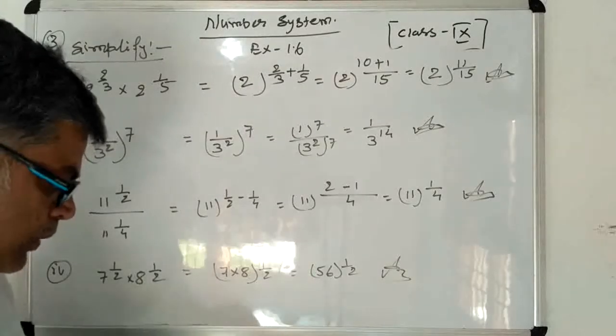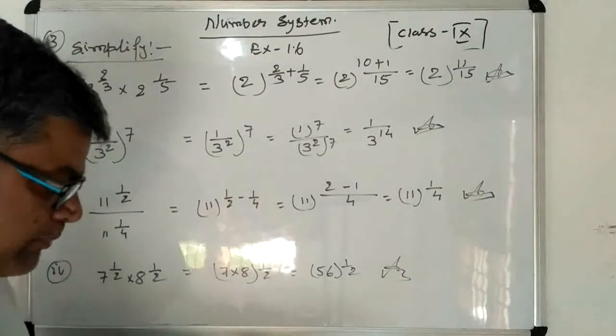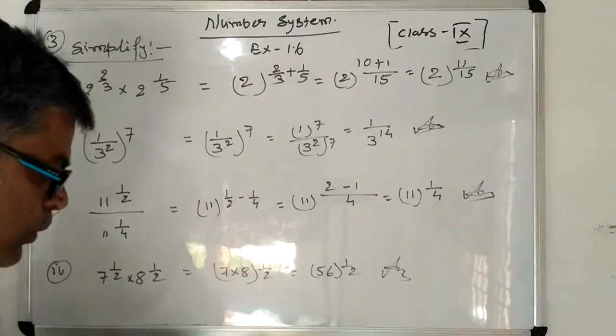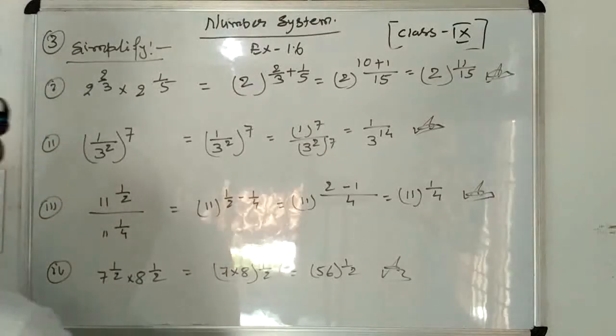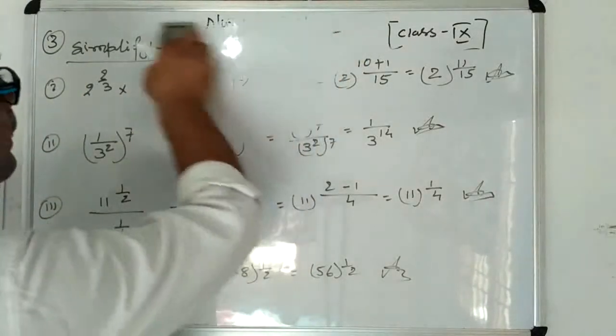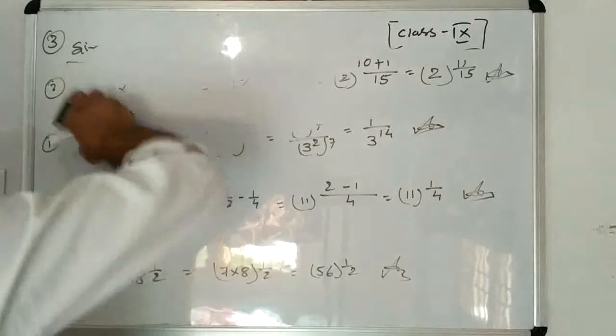Now we are on the second chapter, chapter number 2, that is polynomial. What is polynomial? So let's see the chapter polynomial.